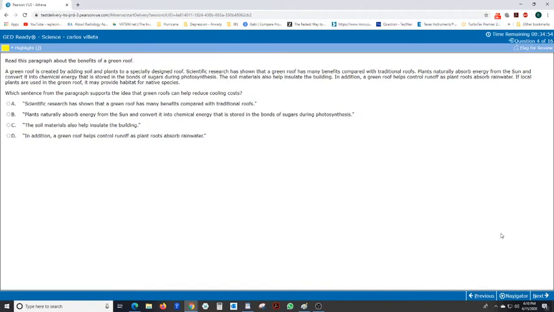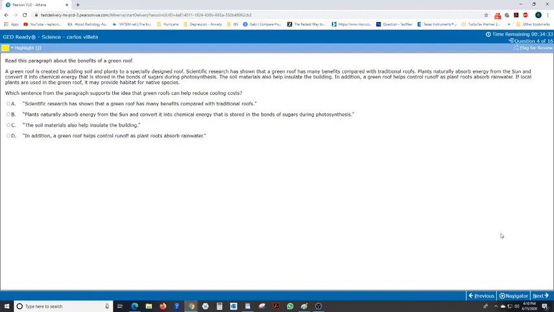Okay, let's see. Okay, read this paragraph about the benefits of a green roof. A green roof is created by adding soil and plants to a specifically designed roof. So it's a special roof that you can plant stuff on. Scientific research has shown that a green roof has many benefits compared with traditional roofs.